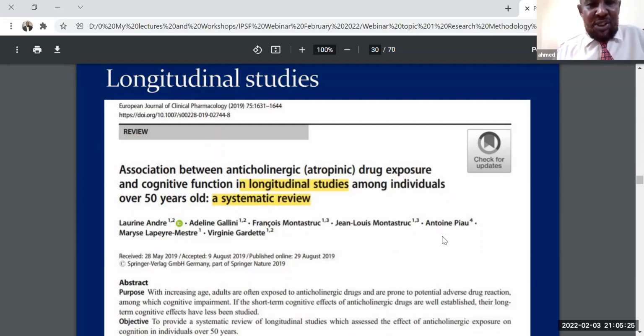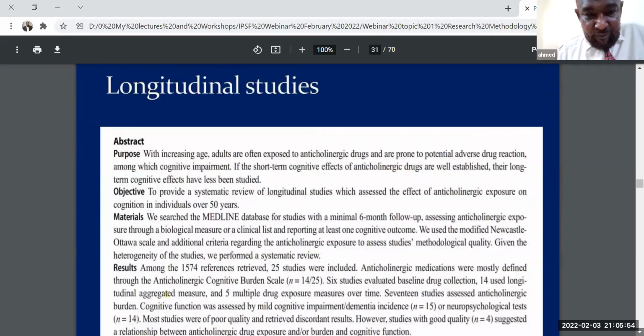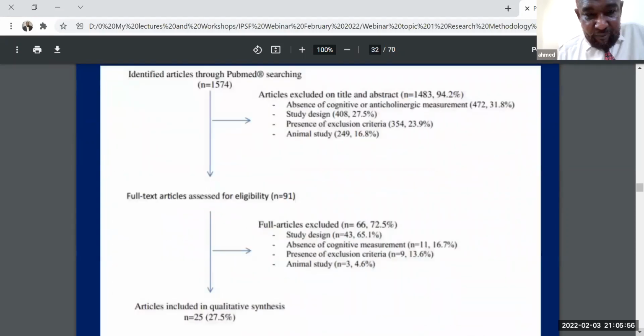Normally, which is very famous, is to have systematic review of randomized control trials, and it is considered the top in evidence. And this one is systematic review of longitudinal studies. Here, they have a flow chart, because normally, as I said, there's a guideline called PRISMA.